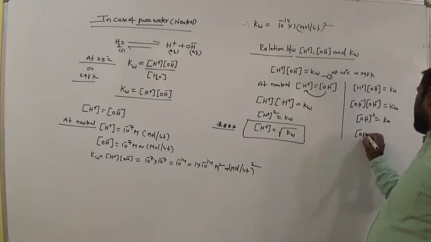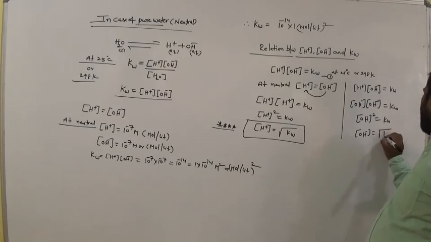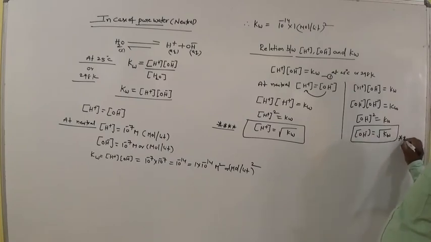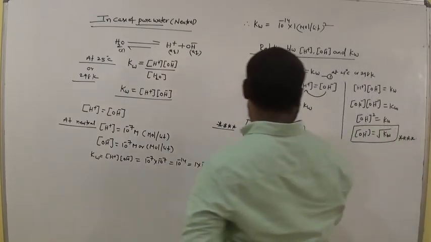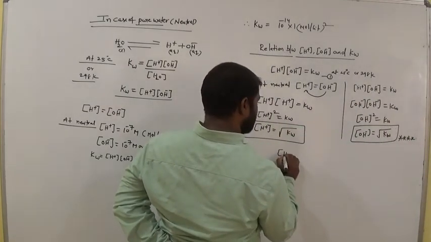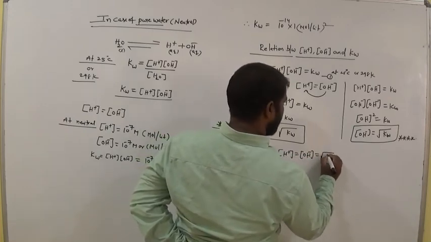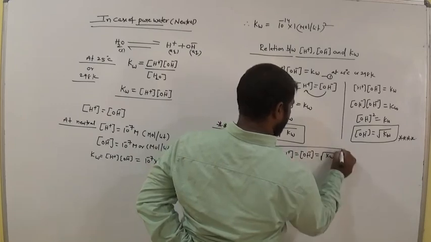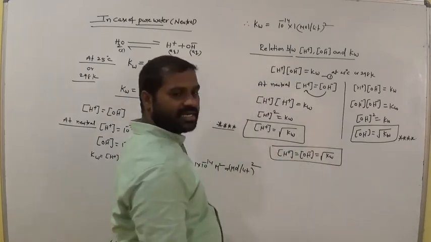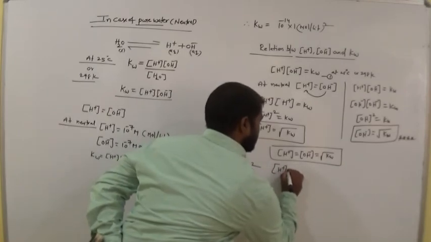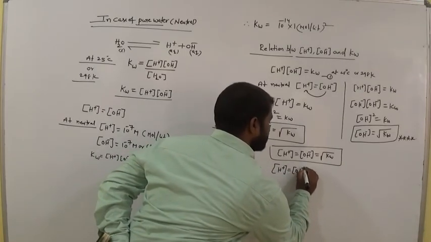From this, OH minus equals the square root of Kw, or not? This one is very, very important. So finally what do we conclude here? The molar concentration of H plus equals the molar concentration of OH minus, equals the square root of Kw.